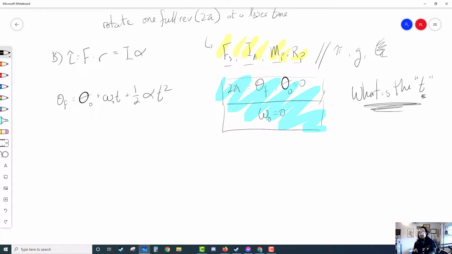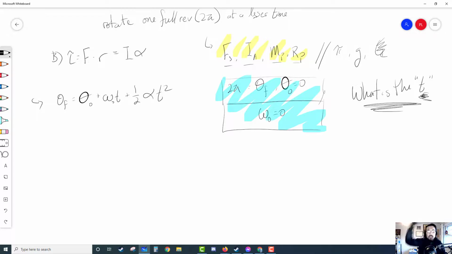That and the other kinematic equations are the only ones where t is actually represented. We need to use that one because we're solving for time, gosh darn it. So we have to use this equation.